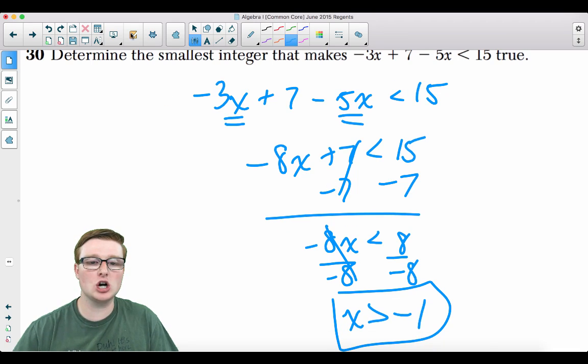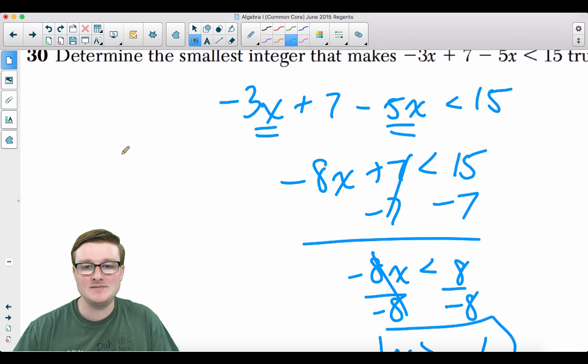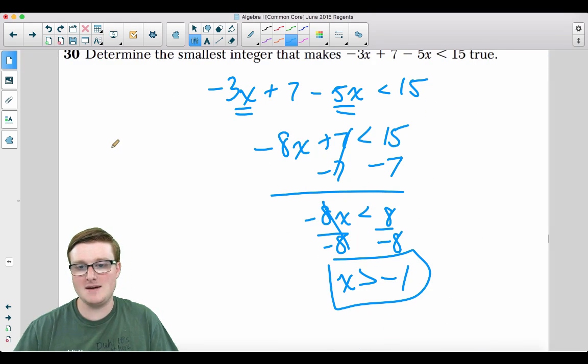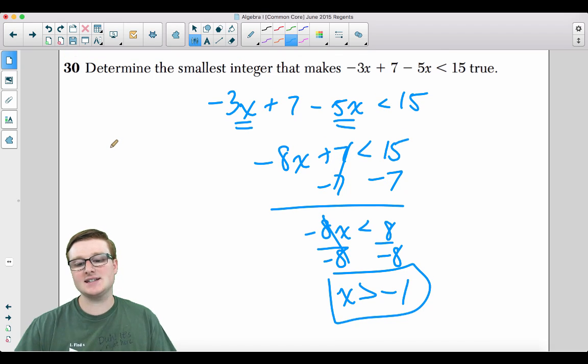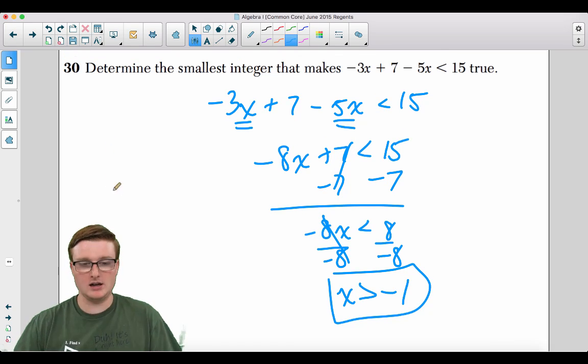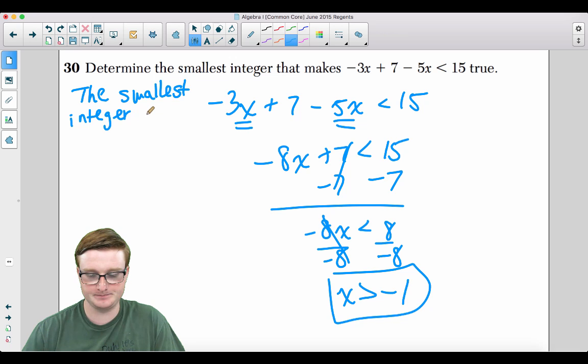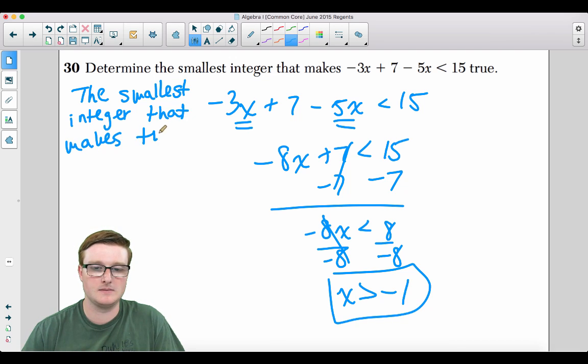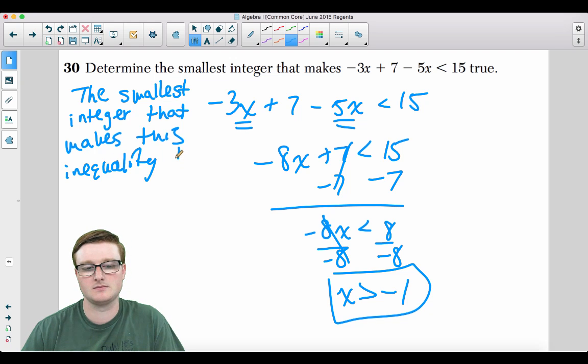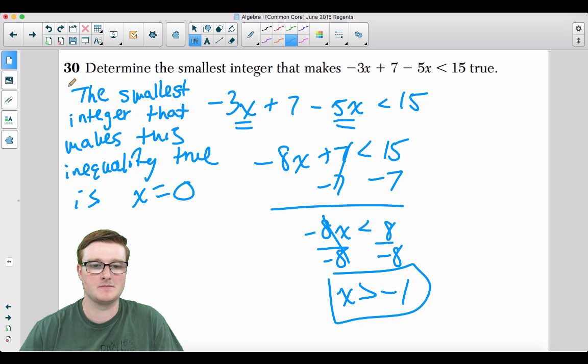So it's saying determine the smallest integer value that makes this true. If x has to be greater than negative 1, so your job is to say that the smallest integer that makes this inequality true is x equals 0.